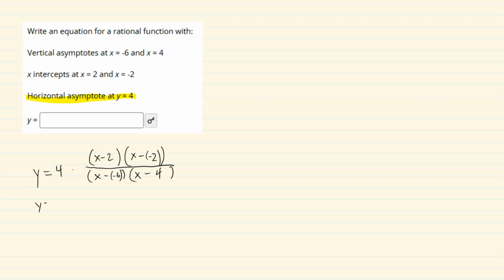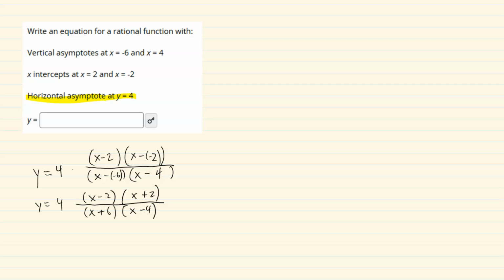Let's simplify this a little bit more. And then we would have x minus 2, x plus 2, x minus a negative 2. And then similarly, we would have x plus 6 and x minus 4. Now, as I was mentioning, here's our function.